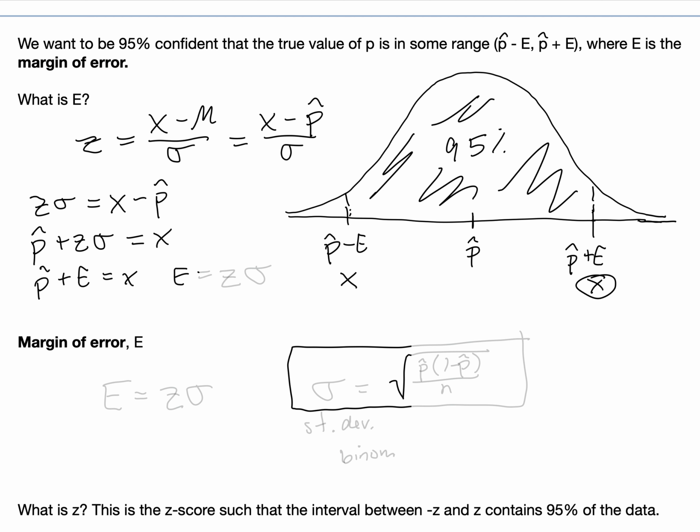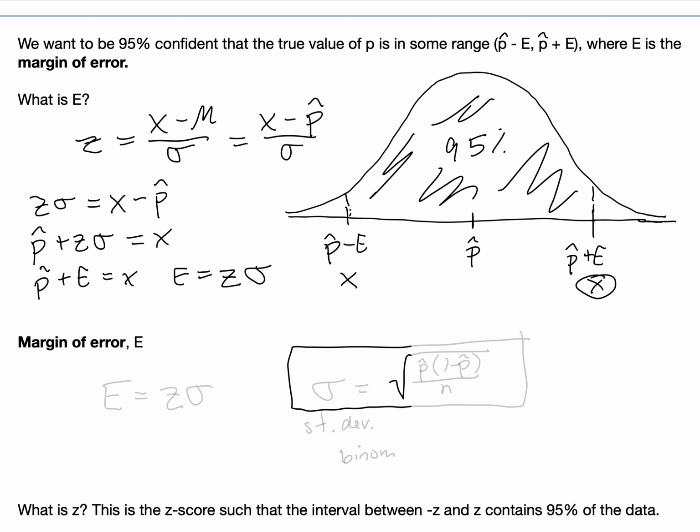That means e, our margin of error, is z, the z-score that separates 95% of the data from the other data in the tails, times sigma, the standard deviation for this binomial distribution of samples from a binomial random variable with n trials.